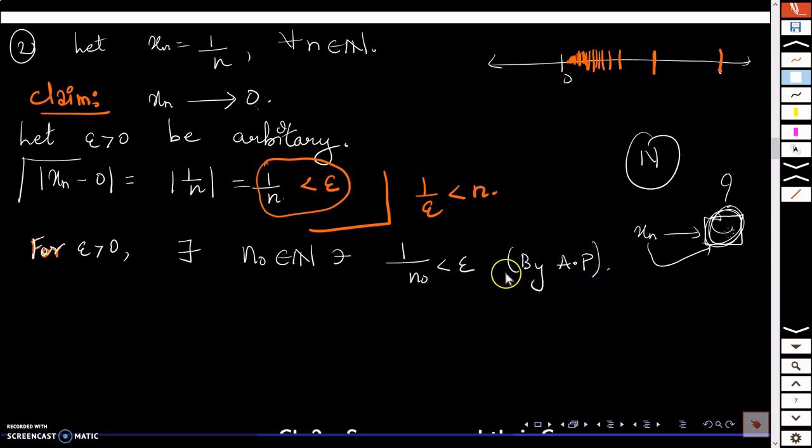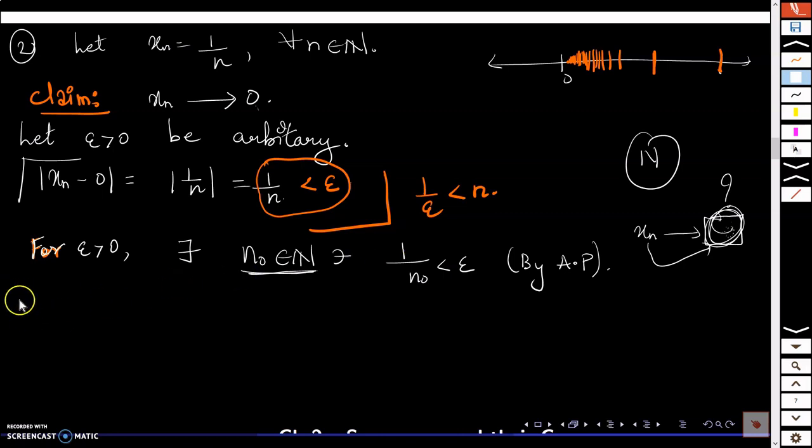This is already done in the first chapter. So 1 upon n naught is less than epsilon. I have already obtained a natural number here. Now what I have to say is, for all numbers which are bigger than or equal to this n naught, the difference between xn and 0 must be less than epsilon, right?